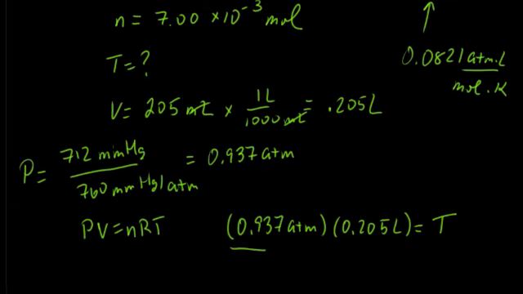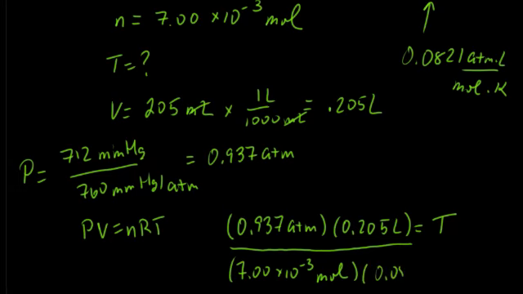I'll just do that in this one step instead of taking 2 steps and writing all over the place. So n, we said, is 7.00 times 10 to the minus 3 moles. And finally, the gas constant, 0.0821 atmosphere liter per mole Kelvin.